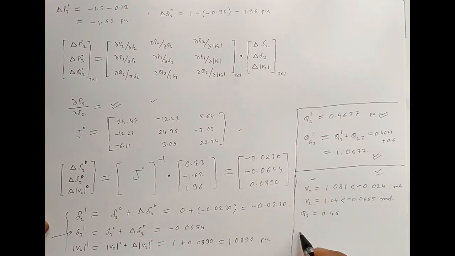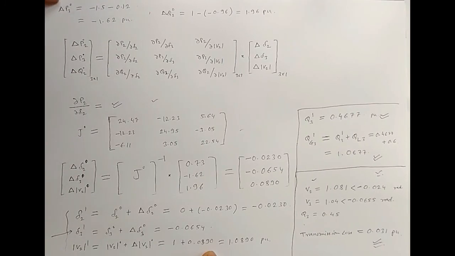And the net transmission loss will be 0.031 pu, and this is the solution.